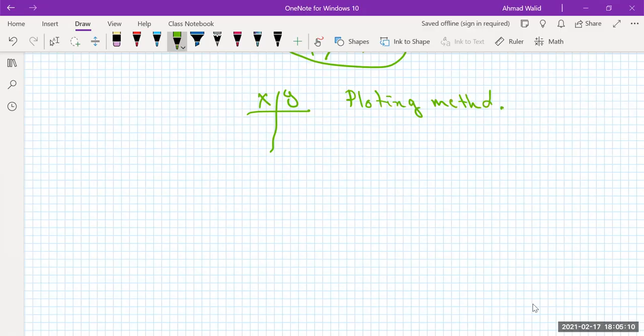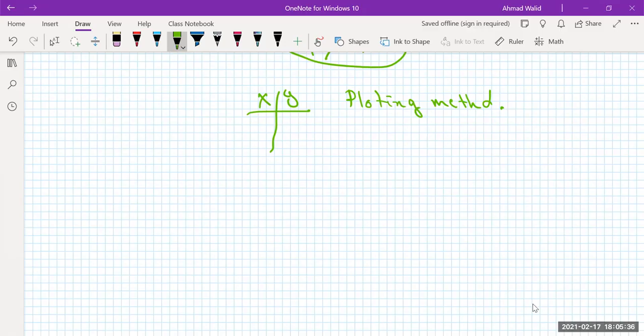What you do is choose some values for x, plug them into your equation, and get values for y. After that, you plot the points on your rectangular coordinate system. You connect the points, and it gives you a shape, or the graph of the equation. Correct?